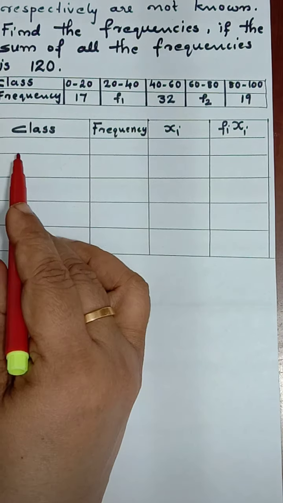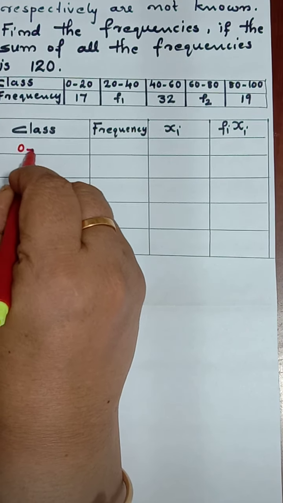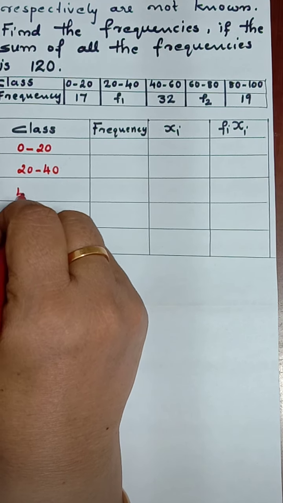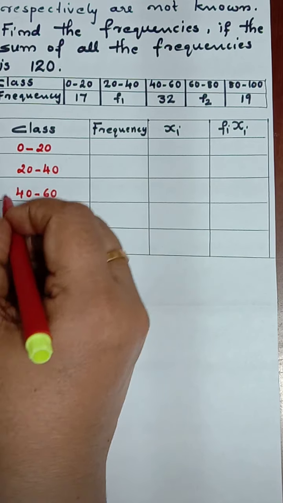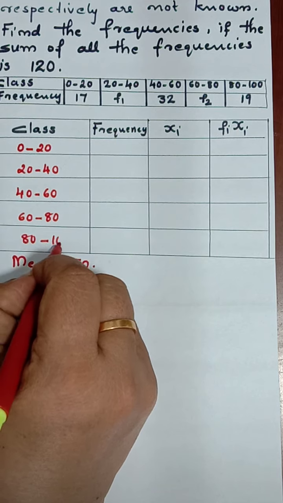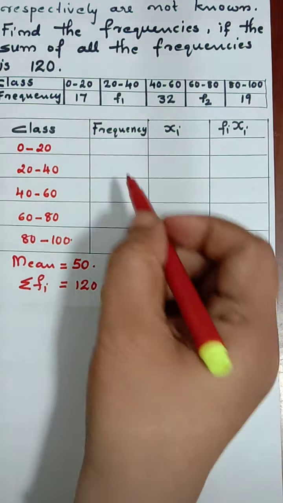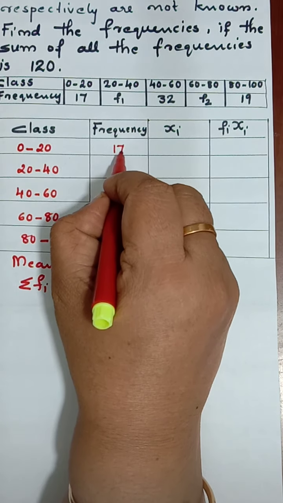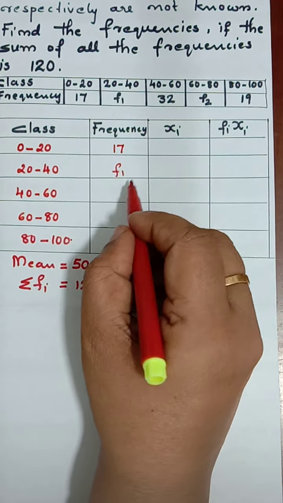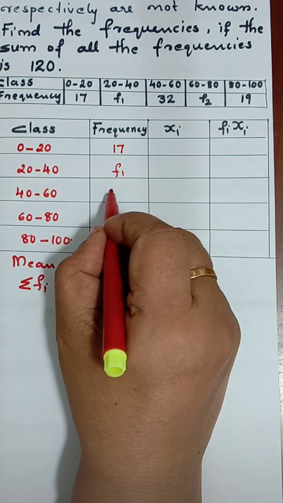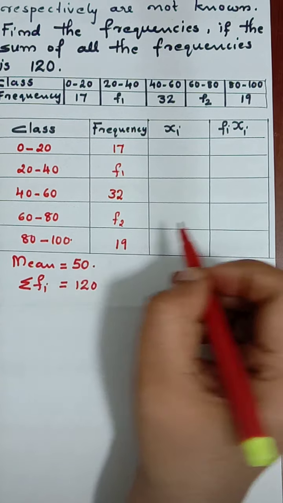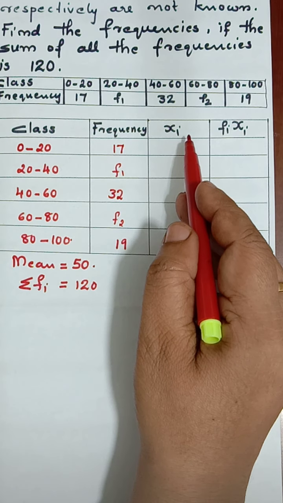So let us write the classes: 0 to 20, 20 to 40, 40 to 60, 60 to 80 and 80 to 100. Now the frequencies: 17 for the first, then f1, 40 to 60 it is 32, then f2 and 19. The Xi column is familiar to you now.